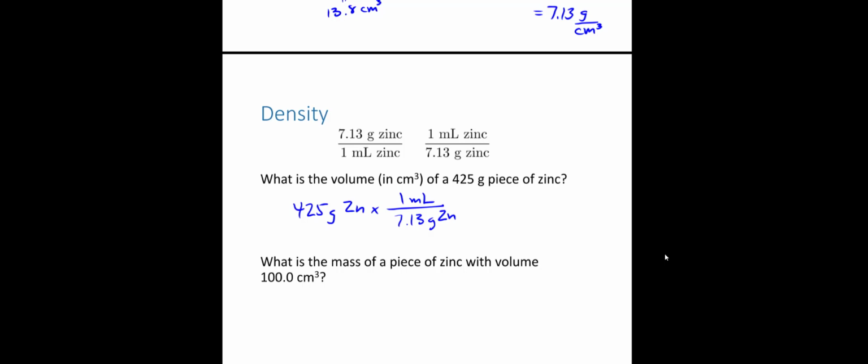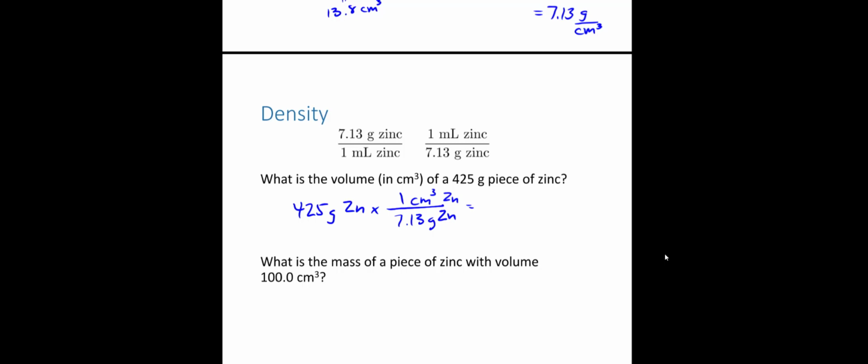And we already said that a milliliter is the same as a centimeter cubed. So let me just go ahead and change that back to centimeter cubed. And that saves us a step later. So doing this division, 425 divided by 7.13 is 59.607.